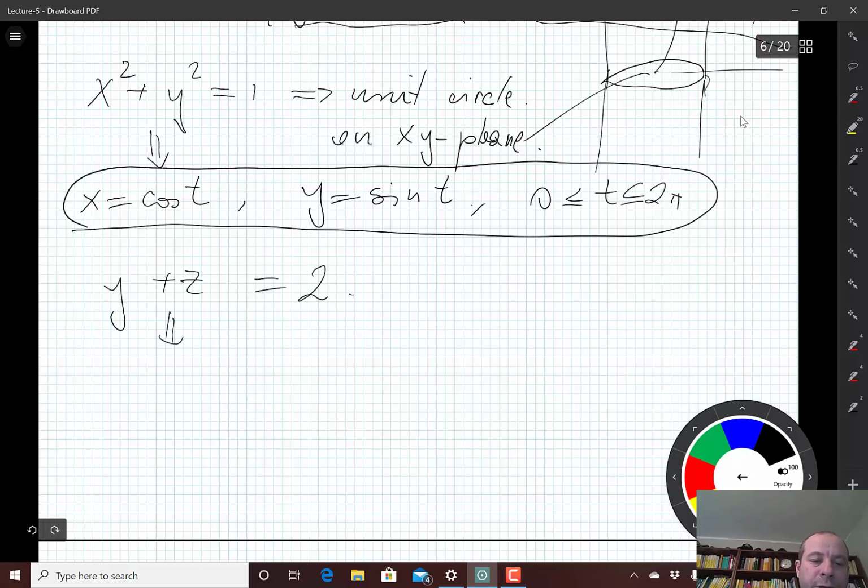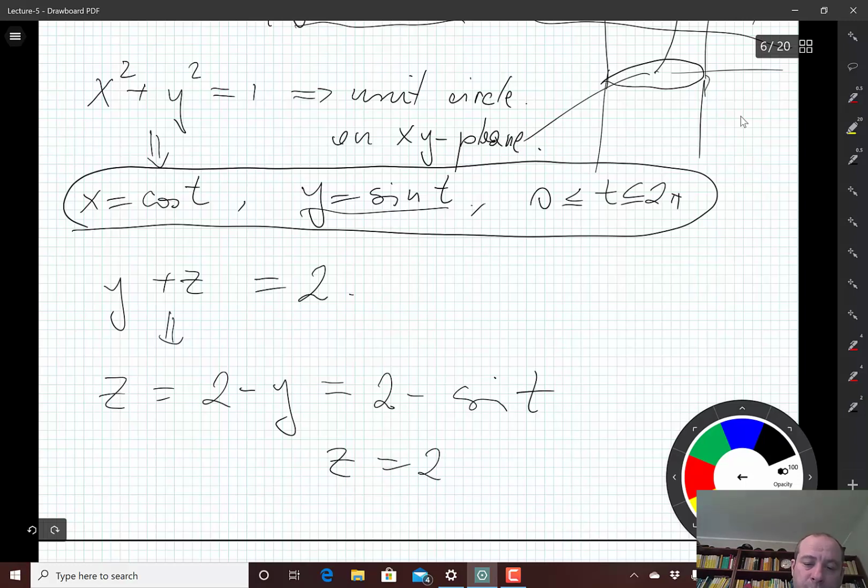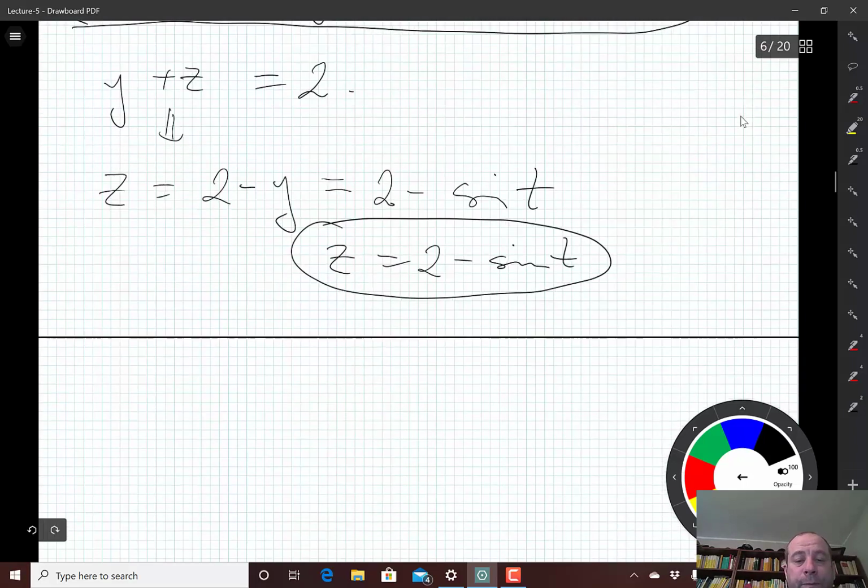And so from this we get that z is equal to 2 minus y. Yes. And since above we had y is equal to sine of t, I could write this as 2 minus sine of t. Okay, so z is equal to 2 minus sine of t. Well, let's think a little bit about this now.